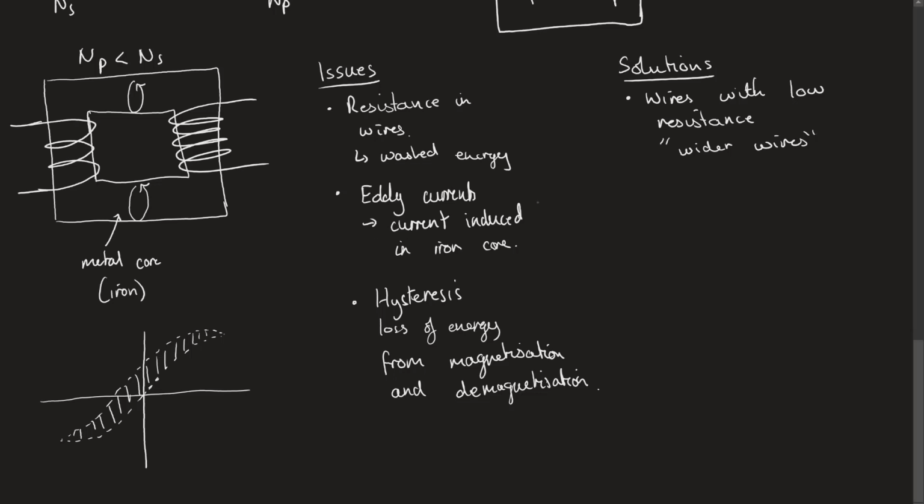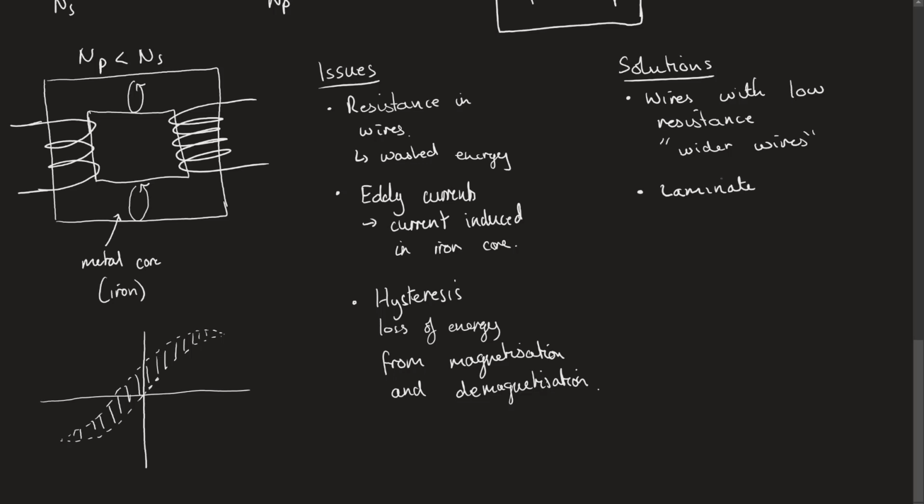In order to solve this idea of eddy currents, we are trying to prevent currents from flowing around this metal core. Now, in order to prevent currents, we need to insulate it. So we're trying to do our best to prevent currents from flowing. So what we do is we laminate the core.